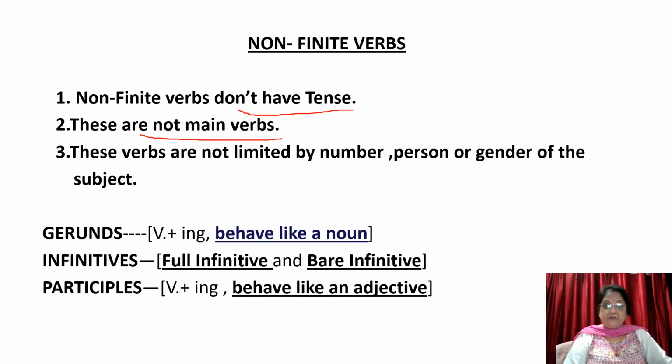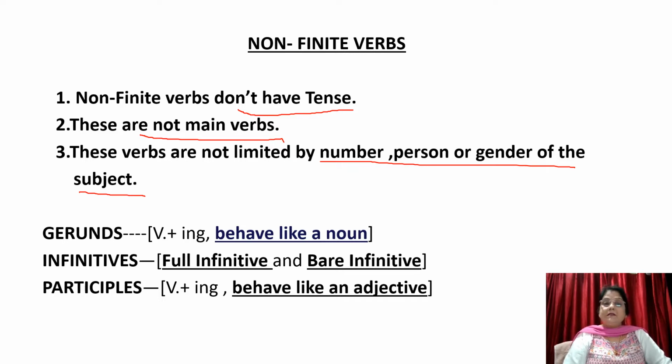This is the second point, that they are not the main verbs. Third thing is, these verbs are not limited by number, person or gender of the subject. So these are the three parameters of non-finite verbs. This we have already learned.